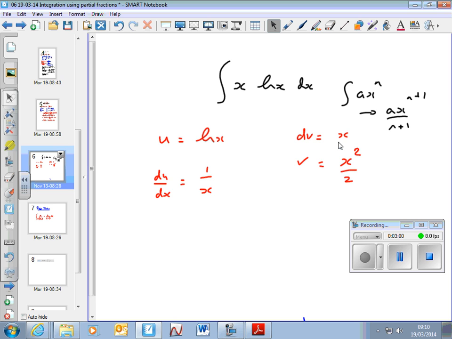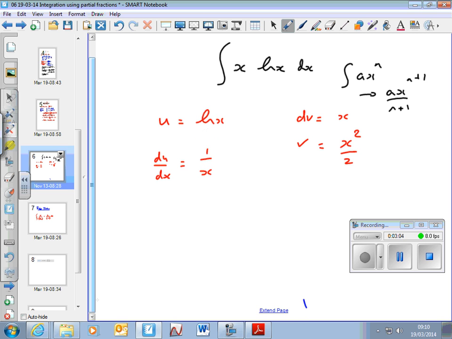So now just substitute those in. Using integration by parts, the integral of u dv equals uv minus the integral of v du. So substitute those values for u and v and du and dv into there and work out the solution.